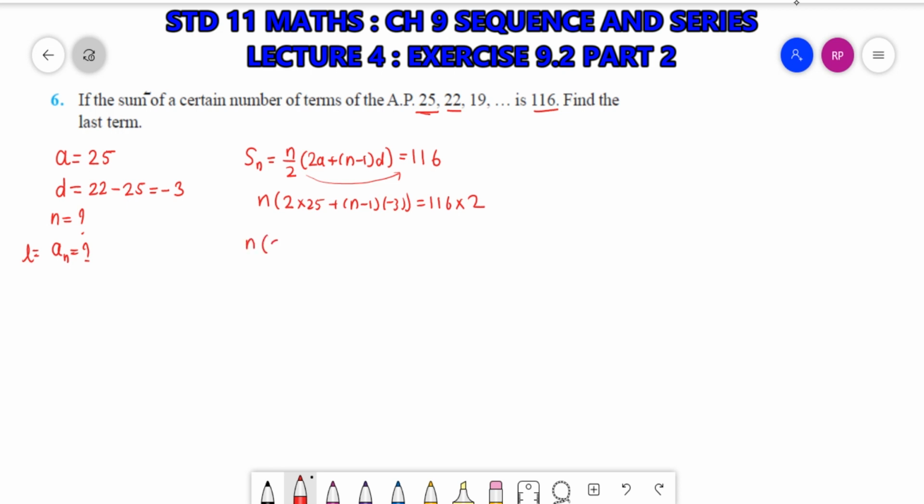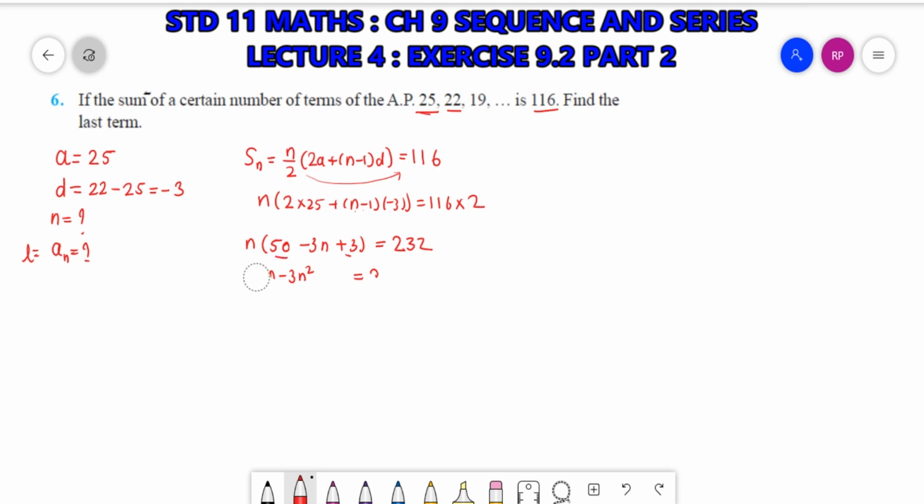And 2 into 25, that is 50, plus 3 into n into minus 3, minus 3n, minus 1 into minus 3, plus 3, that is equal to 116 into 2, that is 232. Let's multiply: 50n minus 3n square plus 3n, that is equal to, or let's say 50 plus 3, 53.